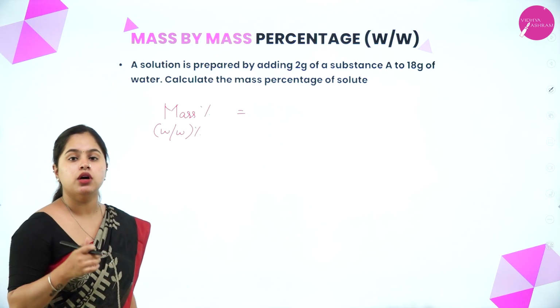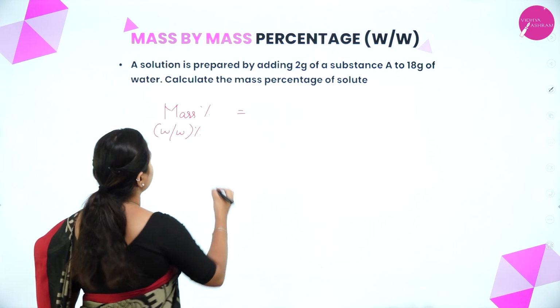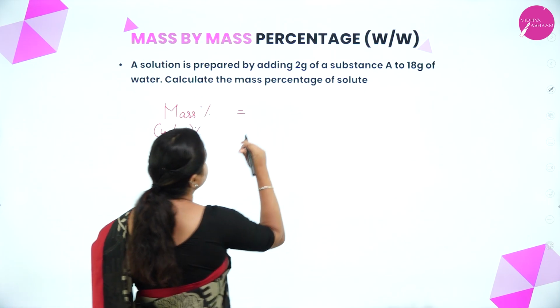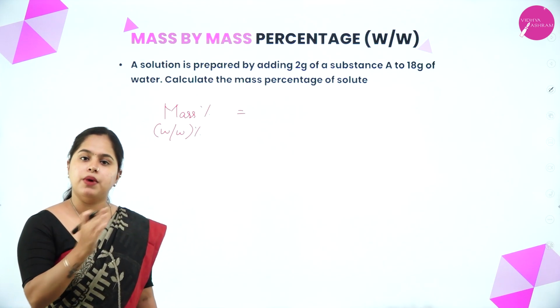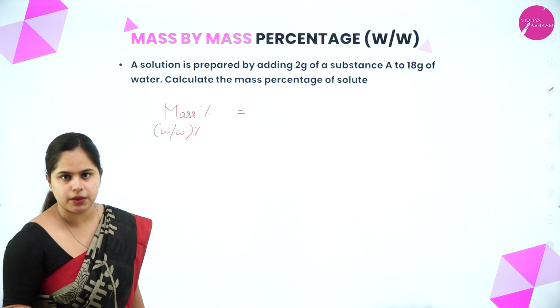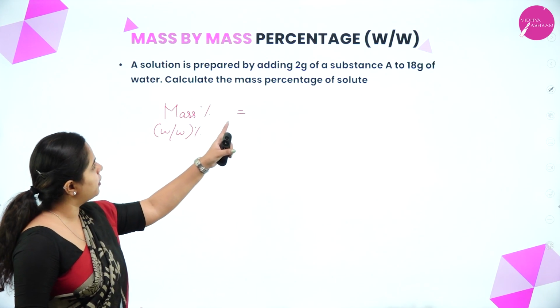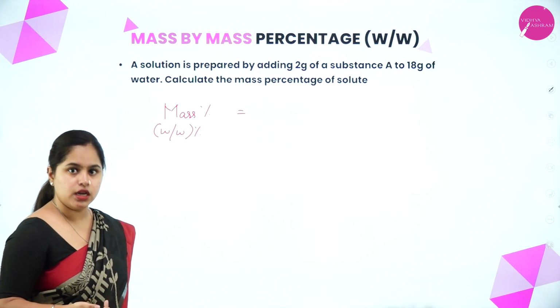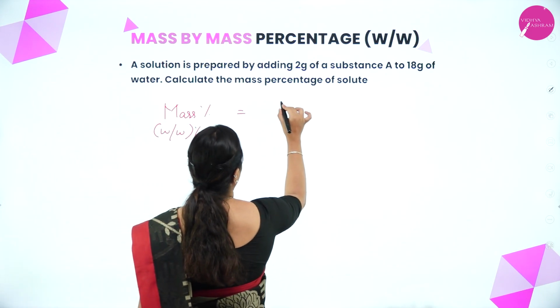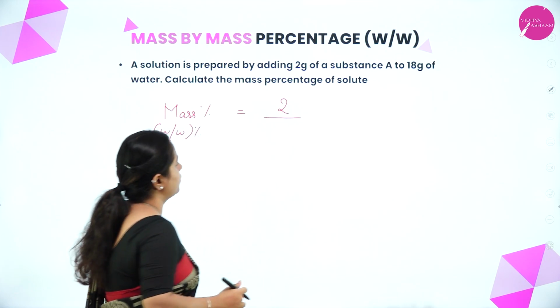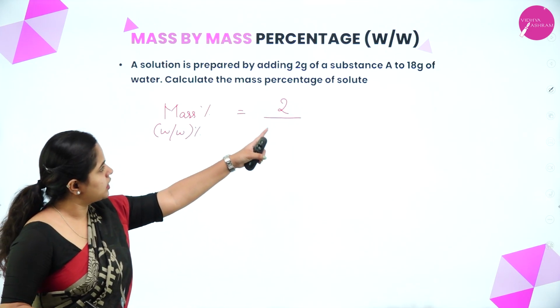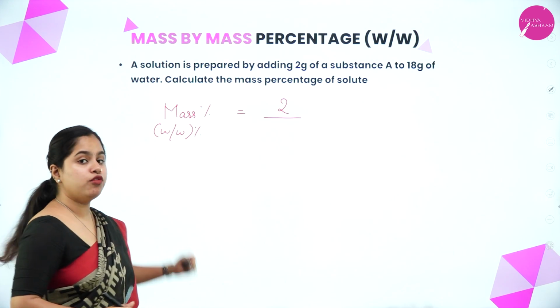What is this W? W is the mass, right? So that will be equal to the mass of the component divided by total mass of the solution multiplied by 100, right? A solution is prepared by adding 2 gram of the substance, so that is the mass of your solute, divided by the total mass of the solution.